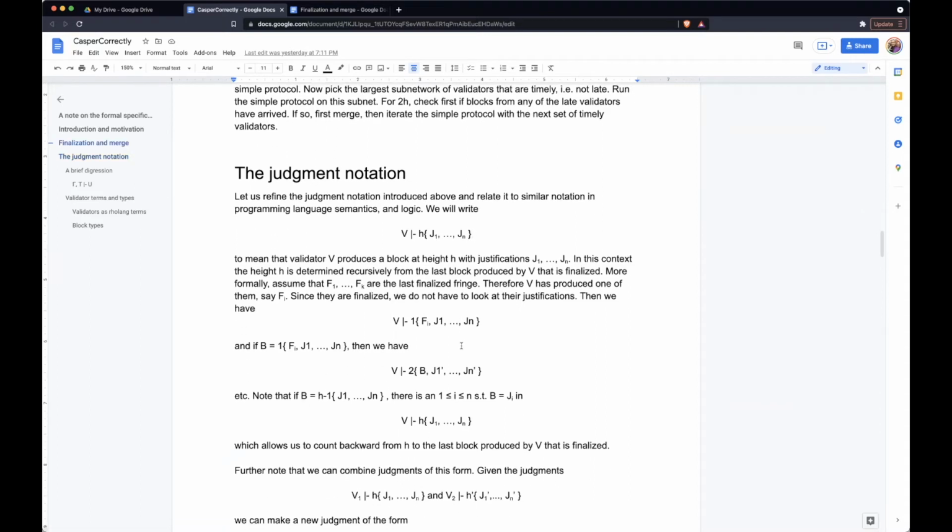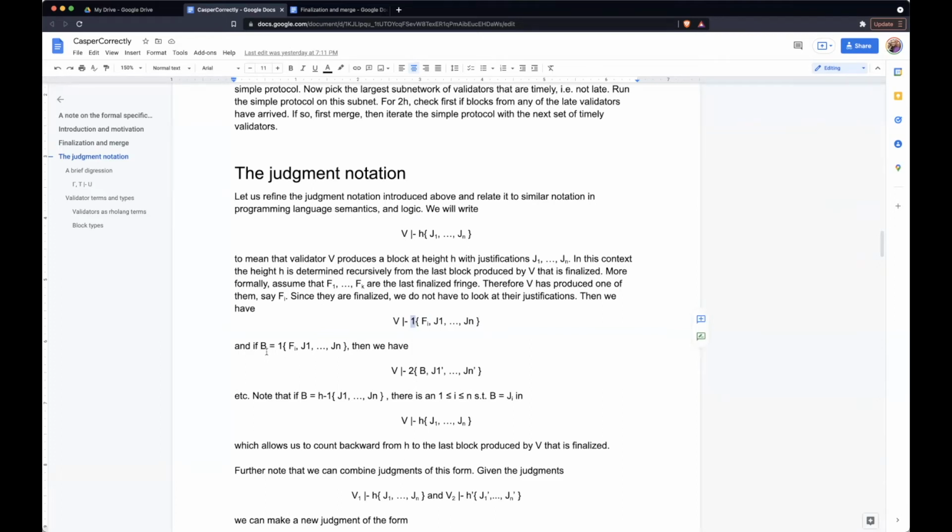Okay, so just to reiterate what we said about the height. If Fi is the last finalized block produced by V, then the block that's immediately on top of that one would be written this way. Fi will obviously be in the justification for the block on top of it, as well as whatever other blocks V has received and used to justify the production of this block.